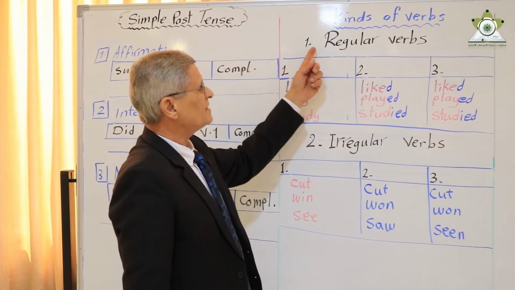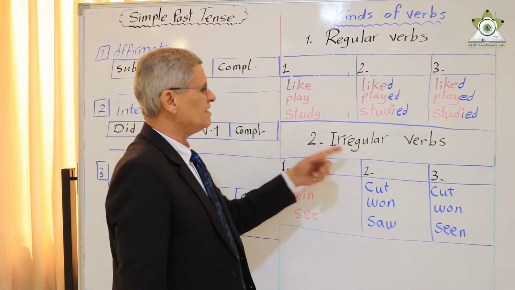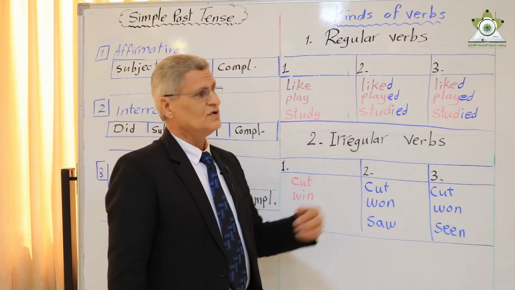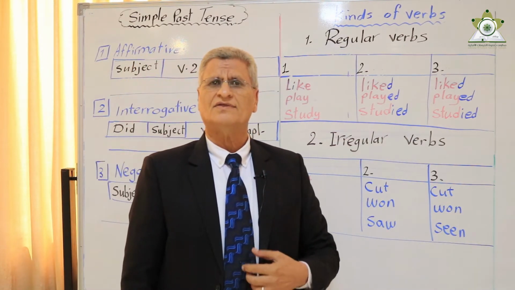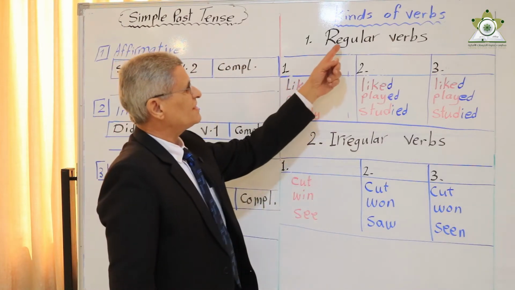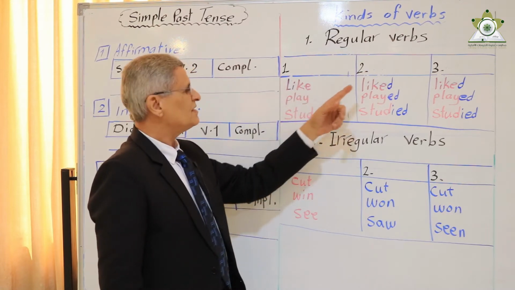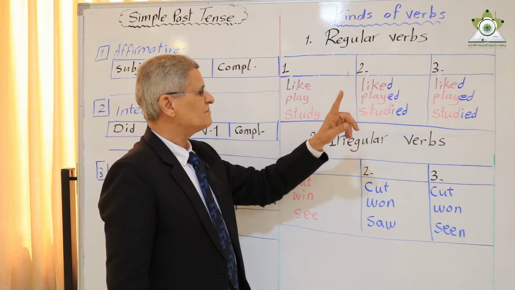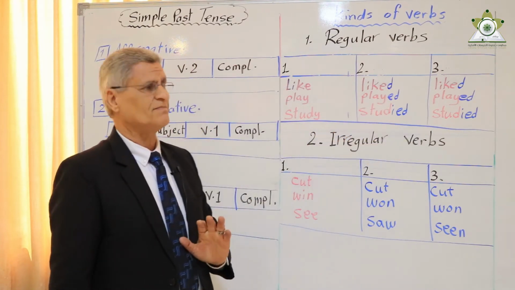Number one, regular verbs. Number two, irregular verbs. What is the difference between regular verb and irregular verb? As you can see here, regular verbs, you can add the letter D, ED, or IED.